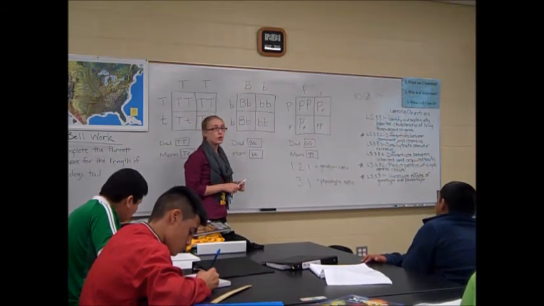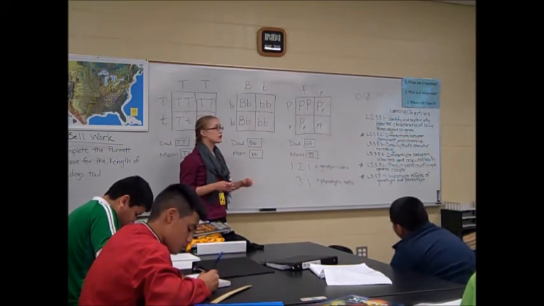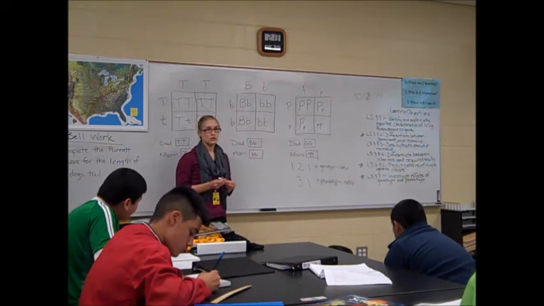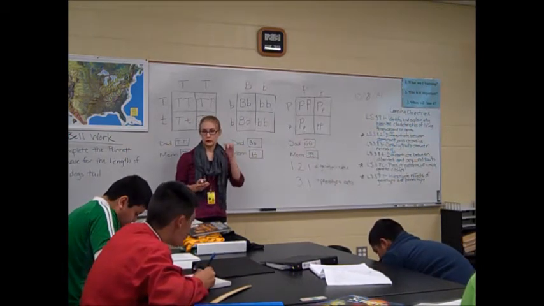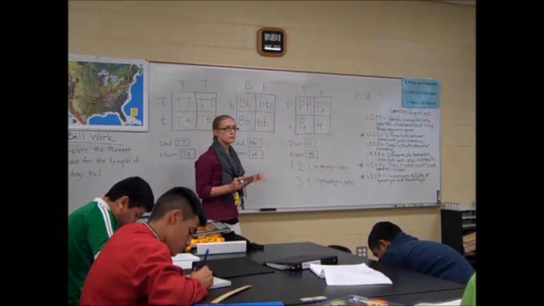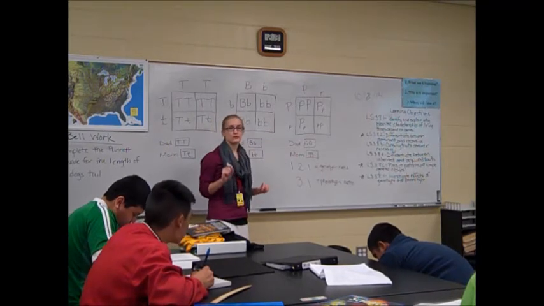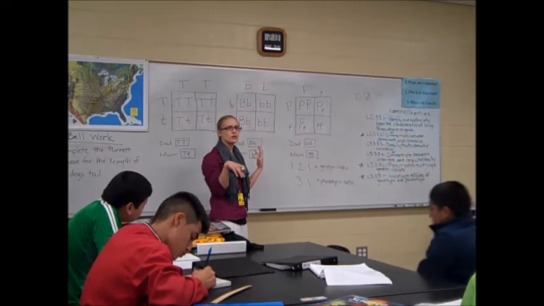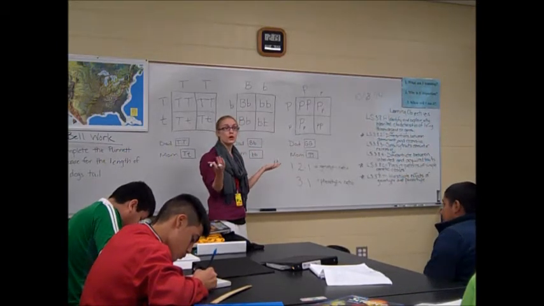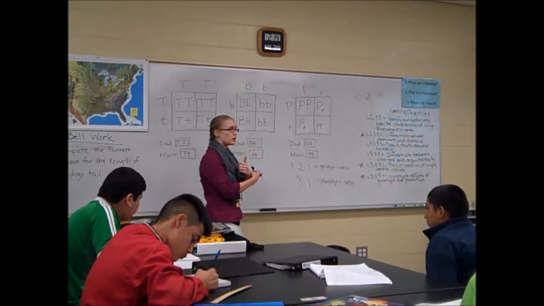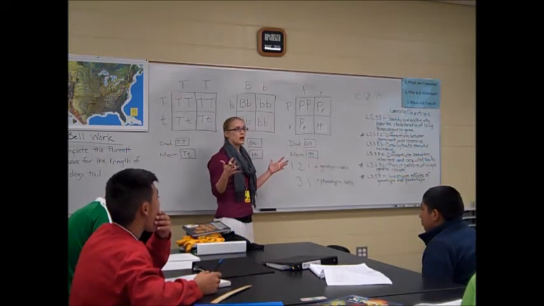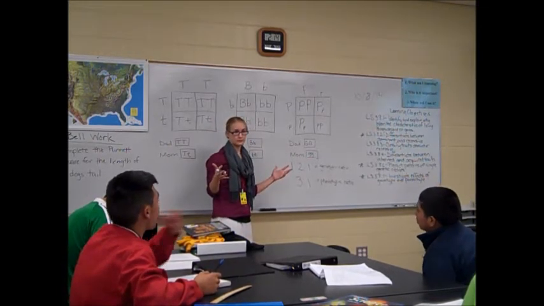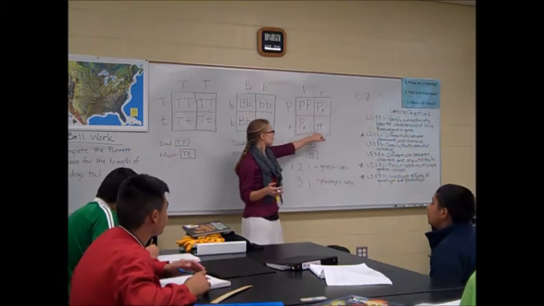What I'm going to show you how to do now is calculate the percentage of what your offspring could be. So say I've got these 2 traits, I've got a purple and a white flower. Well, I want to figure out what the probability is and the percentage of my offspring being purple or white. So here's an easy way to think about it. How many quarters are in a dollar? 4.